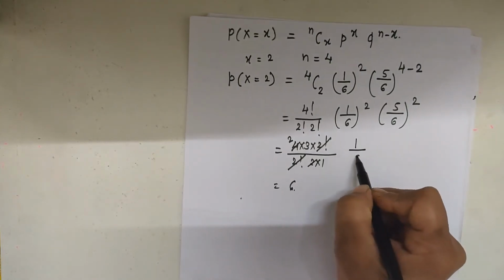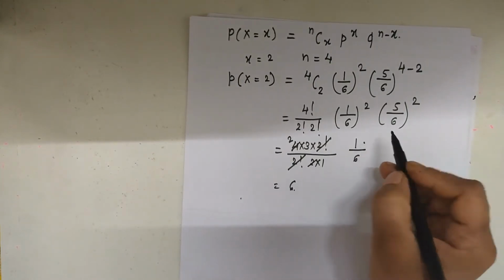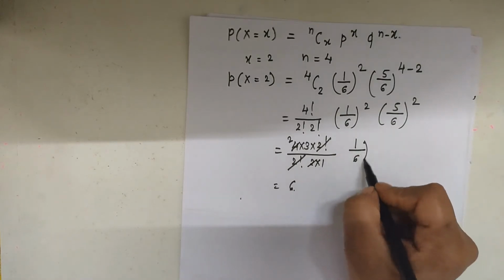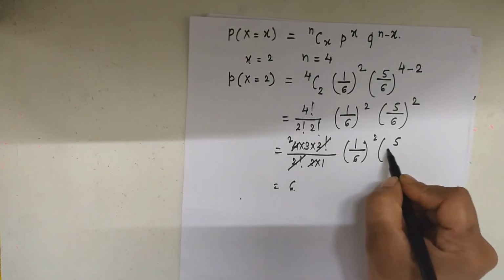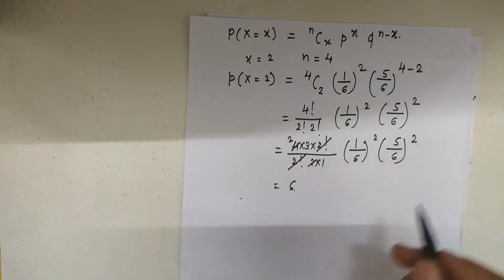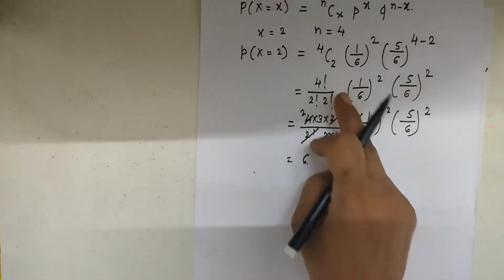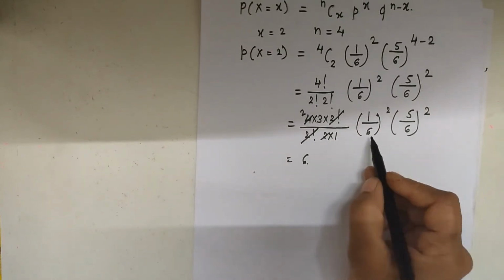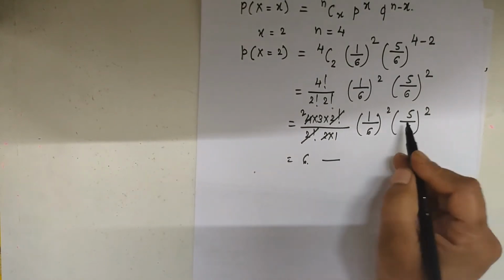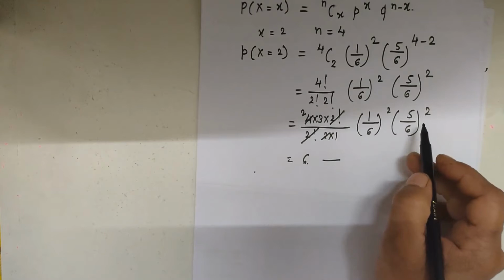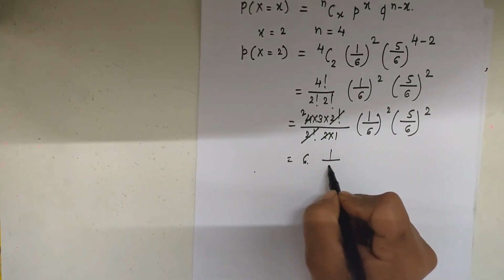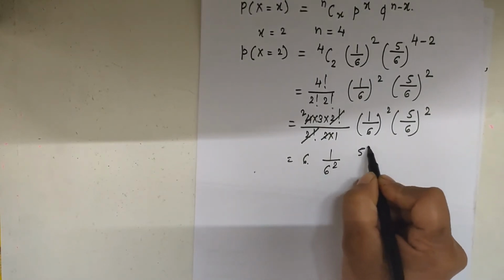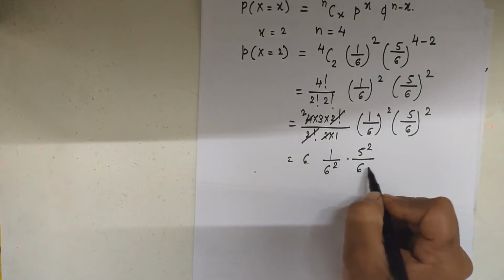Now we have 1 by 6 raised to 2 into 5 by 6 raised to 2, with the value of 4C2 equal to 6. So we get 6 into 1 upon 6 square into 5 square upon 6 square.